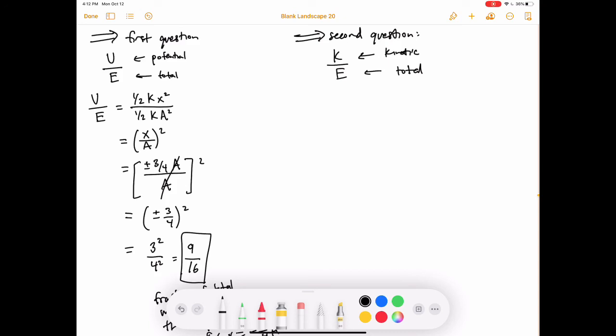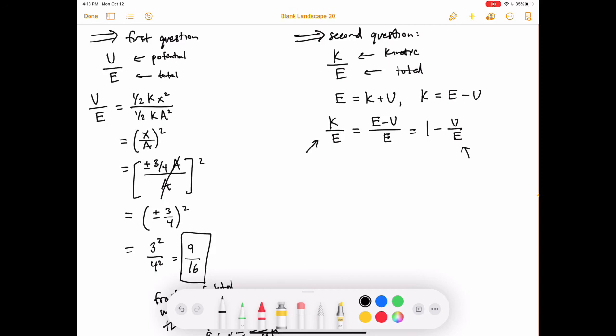So let's remember that the total mechanical energy E is equal to K plus U, which means K can be written as E minus U. So K divided by E is the same as E minus U divided by E, which would be 1 minus U divided by E. In other words, the fraction that's kinetic is just 1 minus the fraction that's potential, because, of course, those two add up to 1.